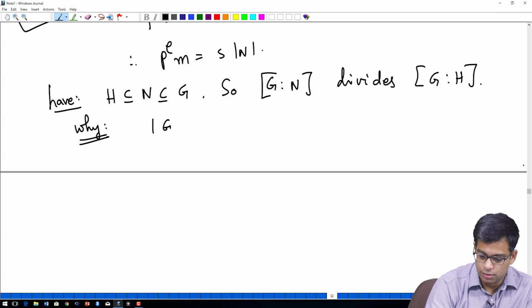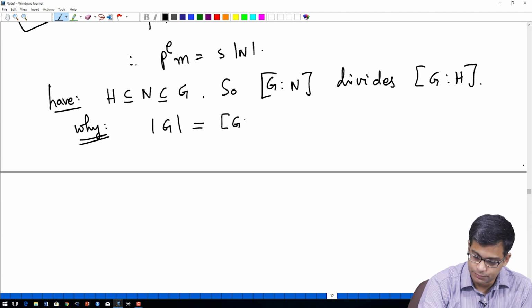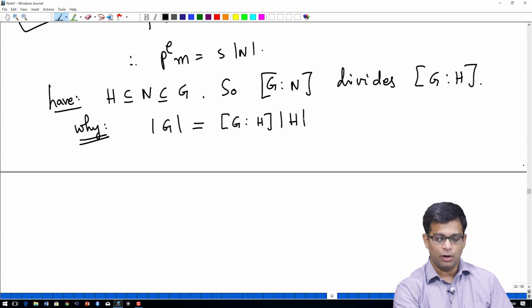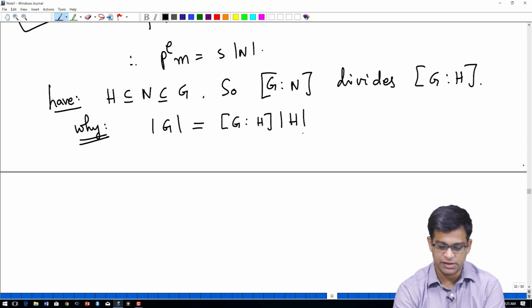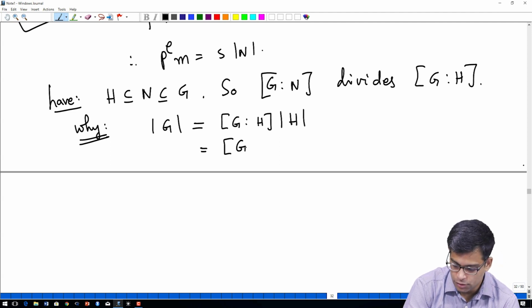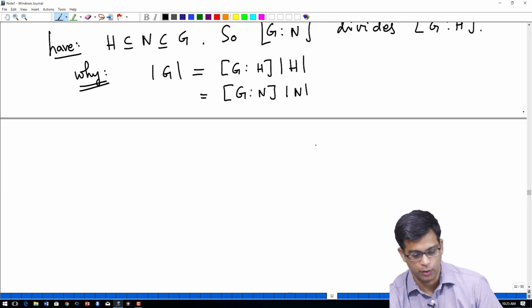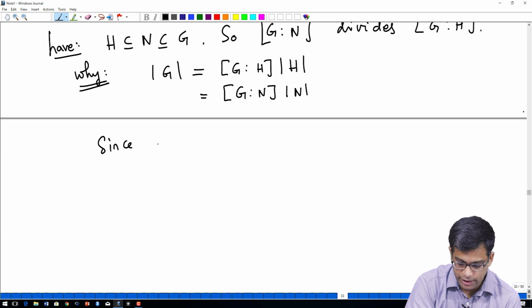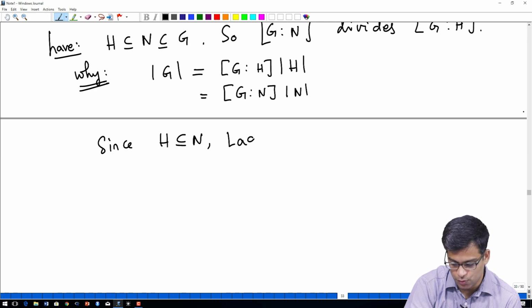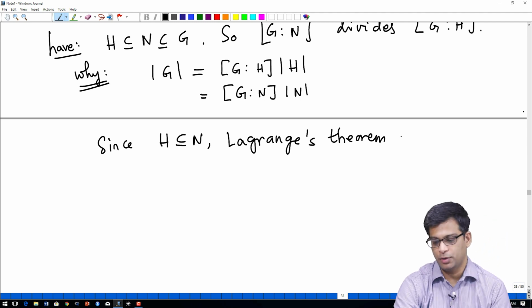The counting formula for a subgroup of a group, which is one of the original counting formulas, tells me that the order of the group is the index times the order of the subgroup, but this is also equal to the index of N in G times the order of N. I am applying the counting formula first to H and then to N, but since H is in N, Lagrange's theorem says that the order of a subgroup divides the order of the group.